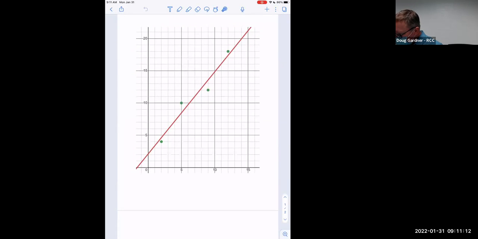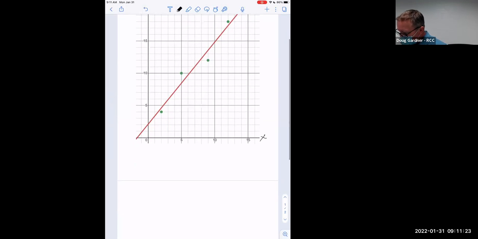But we've agreed that this is the x-axis and this is the y-axis. We've talked about the fact that slope can be found by counting the rise over the run, or by just doing the math, y minus y over x minus x. We've talked about that.